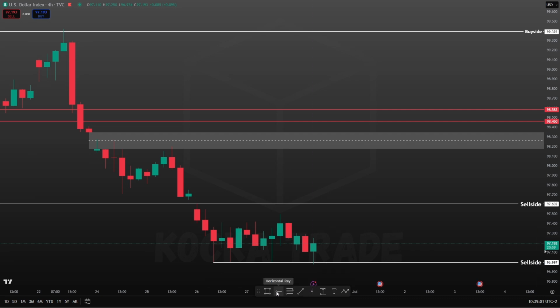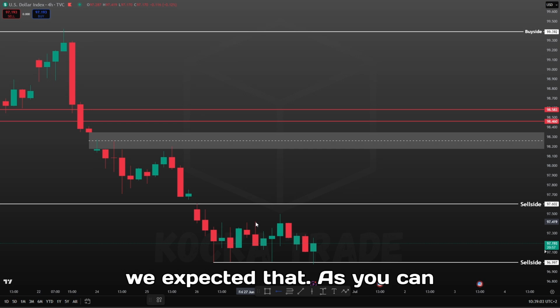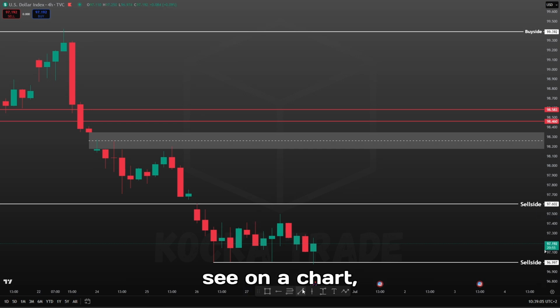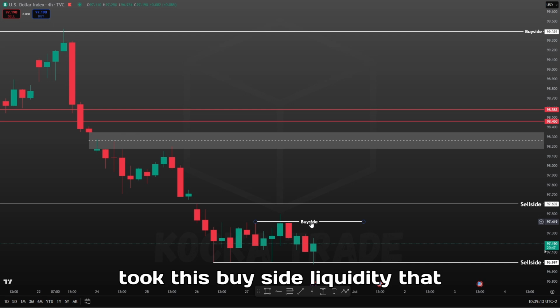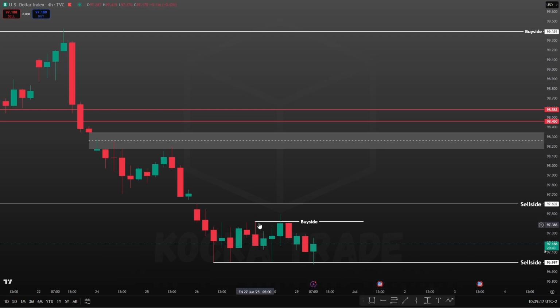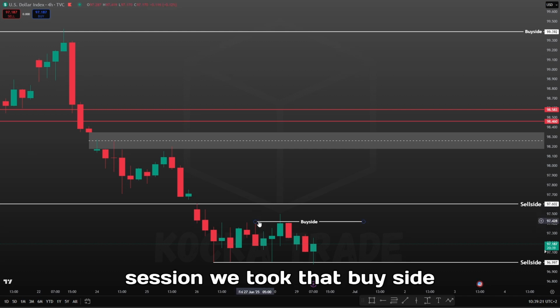So we expected that. As you can see on the chart, the market, rather the dollar, took this buy side liquidity that was formed on Friday at the London session.